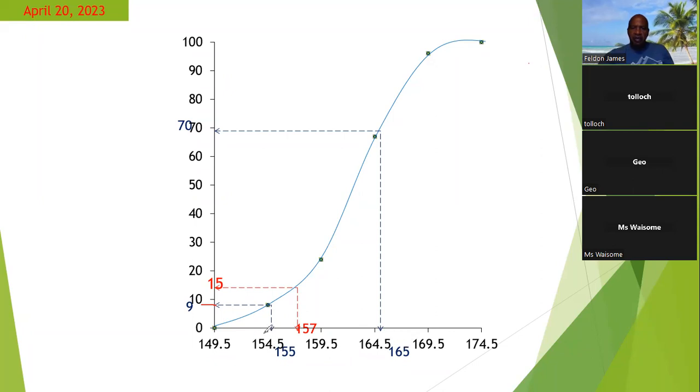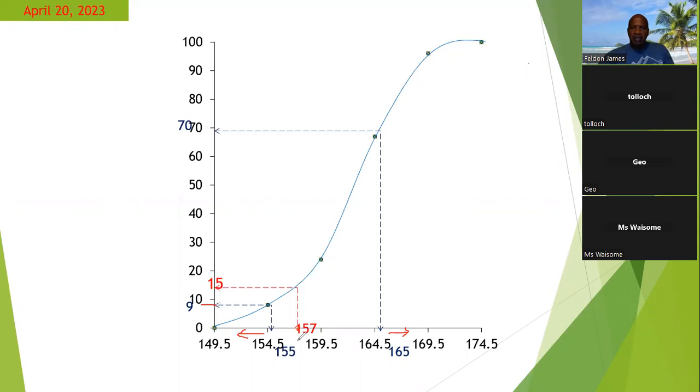So from here going down, these values would be less than 155. From here going up, these values would be greater than 165.